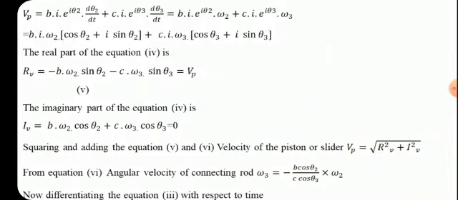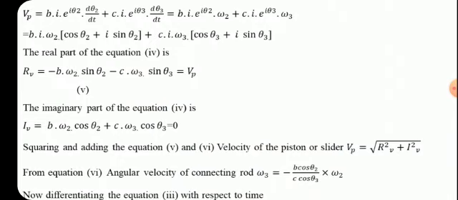Therefore, we can write the vector Vp is equal to b i e^(i theta 2) omega 2, where d theta 2 by dt is omega 2 and d theta 3 by dt is omega 3, plus c i e^(i theta 3) omega 3.